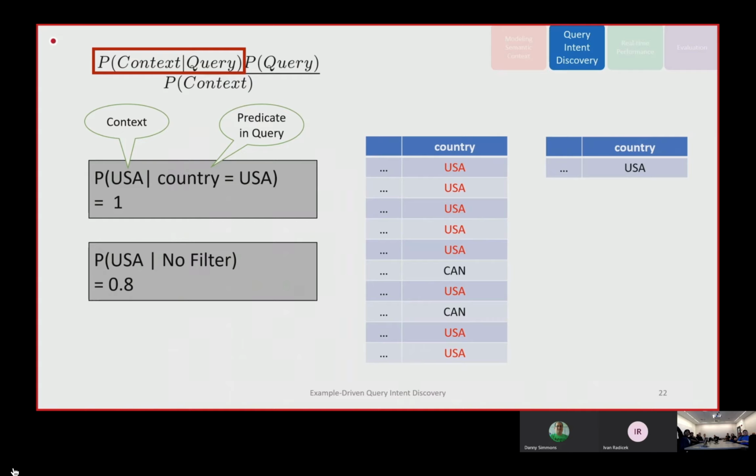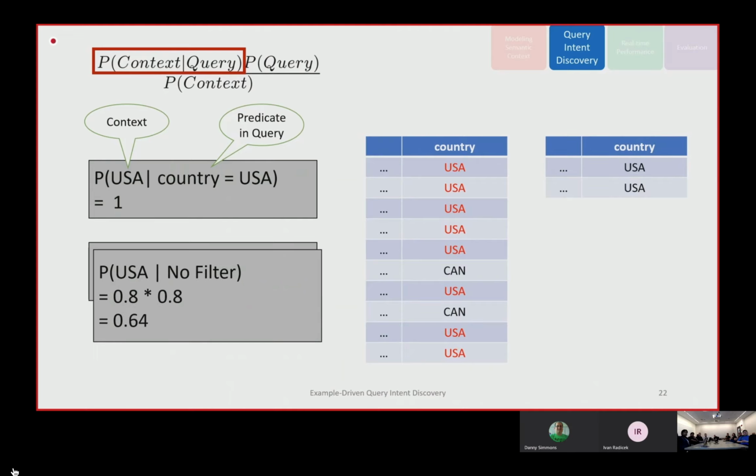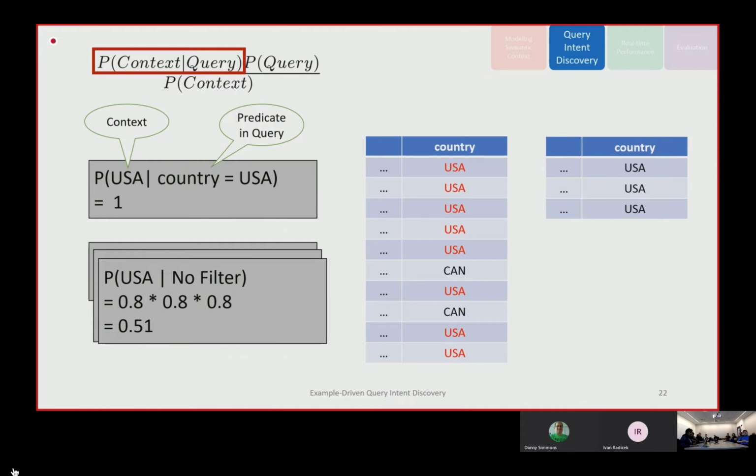For only one example, the probability is simply the proportion of the data that has USA. For two examples, assuming independence, we can just multiply and get the probability, and so on and so forth. The key intuition here is that as we see more examples, it's more likely that the filter was indeed in the user's mind, because this cannot be just a simple coincidence.